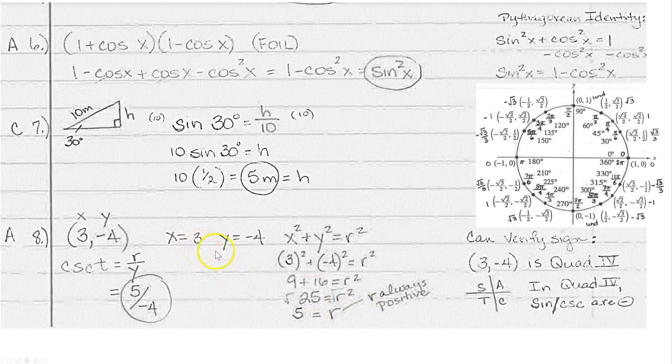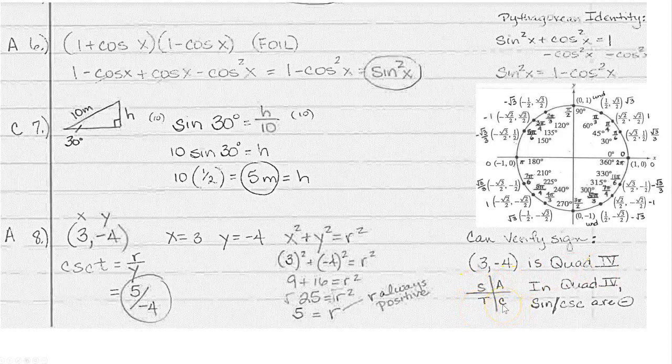You might have also recognized the 3, 4, 5 triangle and just not had to do the Pythagorean theorem at all. So, by definition on the top of your formula sheet, cosecant is r over y. We just found r was 5, and we know y is -4, so we get -5/4. If you just wanted to verify your sign, because a lot of times on those problems, there'll be a positive 5/4 and a -5/4 as answer choices, so if you just want to double check it, remember that (3, -4) is in the 4th quadrant, and so all students take calculus.